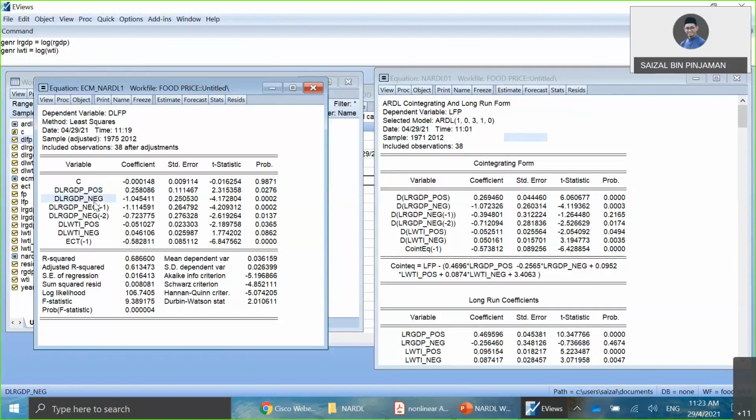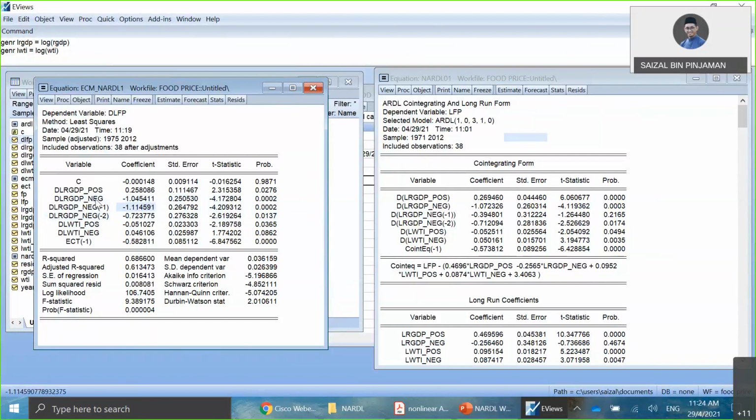But for the negative GDP, you can see that we have three coefficients, from the present value up to lag 2. So we have to conduct what is known as the Wald test to see whether these negative GDP terms are significant or not in explaining the dependent variable.